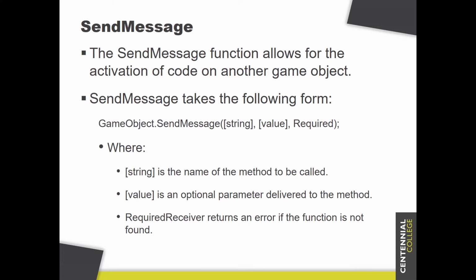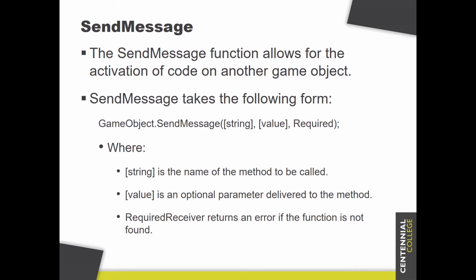SendMessage takes the following format: gameObject.SendMessage, or if you're not calling on a particular game object and you're just calling it locally, then you can leave that out. Within the brackets, the first parameter is a string, which is the function name. It has to be included within quotations. Afterwards, you have a couple of optional parameters.